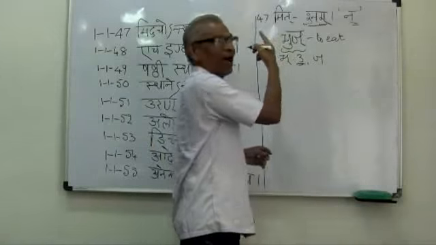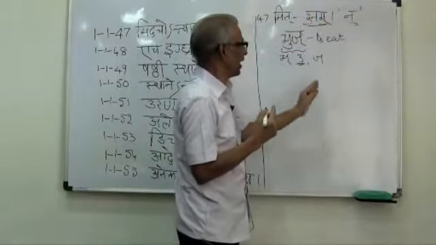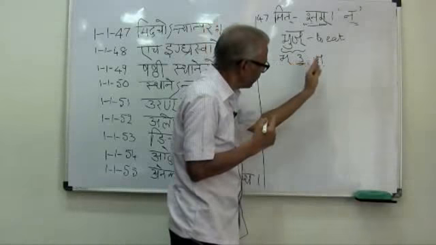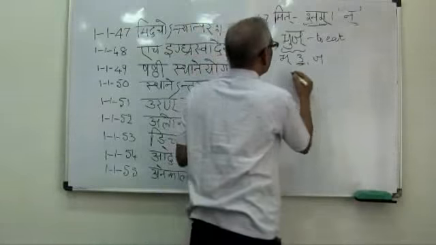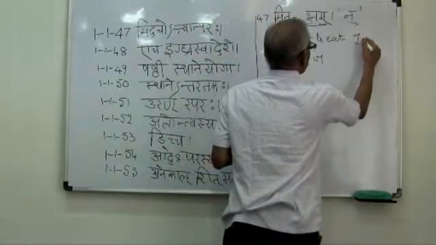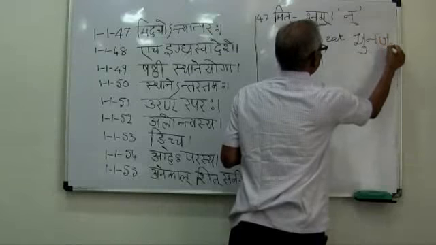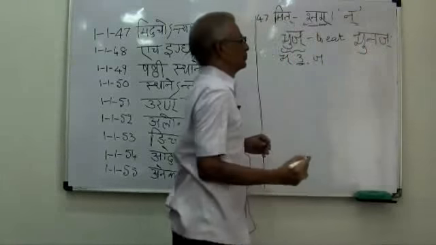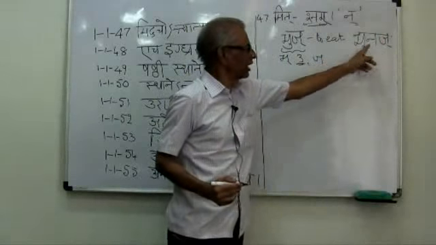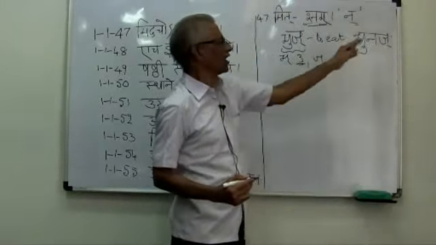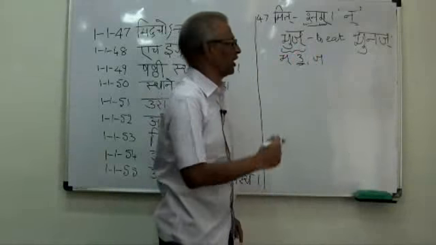Antyat achaha paraha, it is told. This na will appear next to this ukara. So it will become bhu na j. This letter na has come after ukara, next to the last vowel.